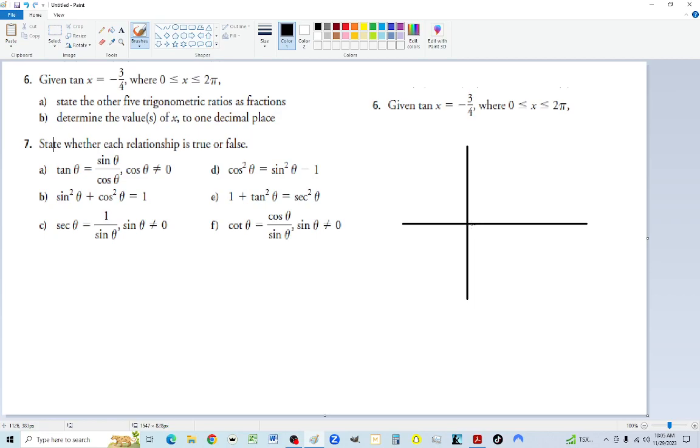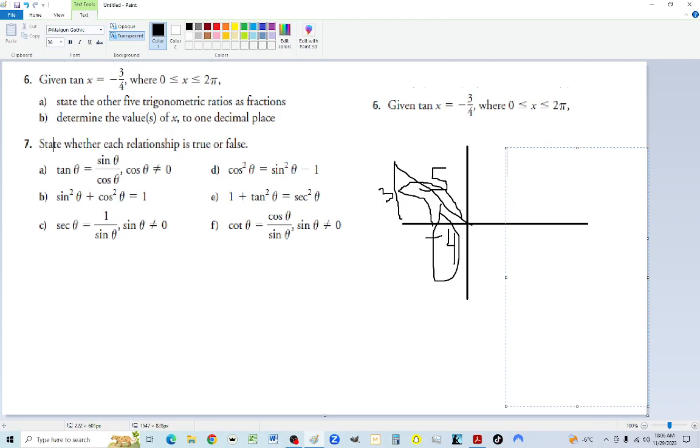If we're talking about a right angle triangle that goes to here, and tan in SOHCAHTOA terms is opposite over adjacent, that means the 3 here is the opposite, and the -4 here is the adjacent. Which means we can figure out the hypotenuse here. The hypotenuse is this squared plus this squared, the square root of those, 5. Which means I can figure out all the other values.